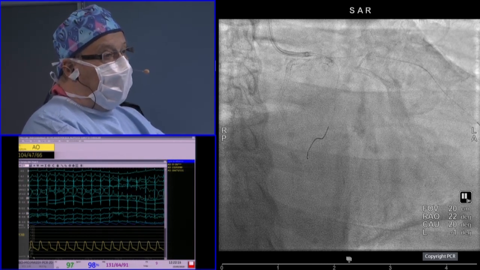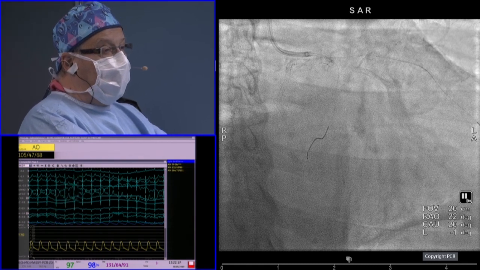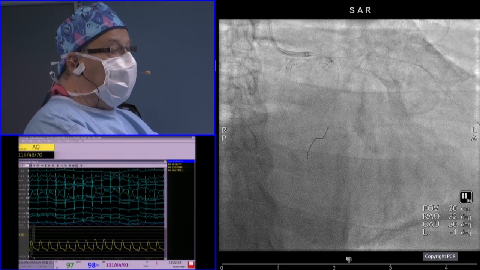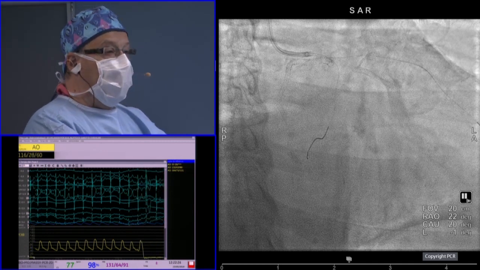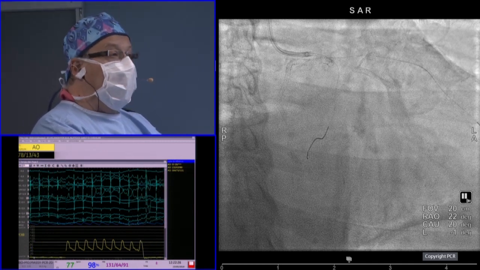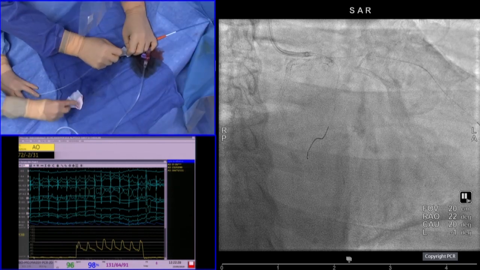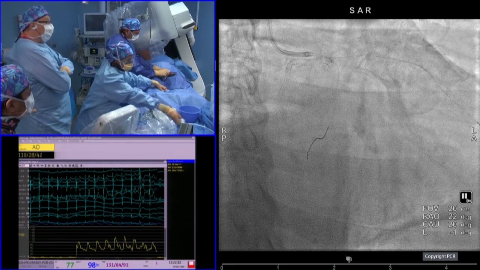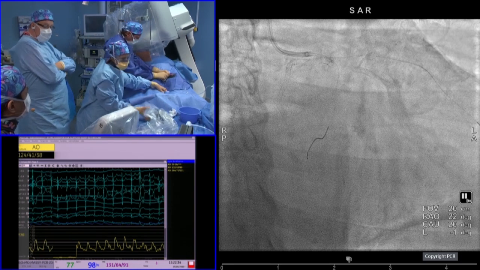You can see that the pressure, which was a little bit low after wire placement, is much better now. So it was important to pre-dilate towards the LAD. And we are now going to introduce the OFDI transducer.